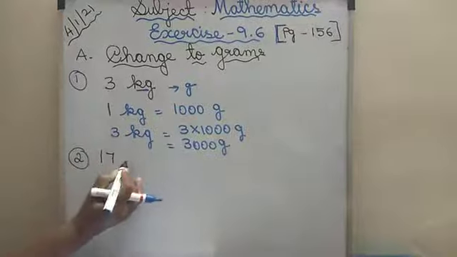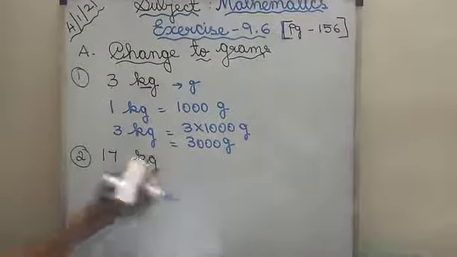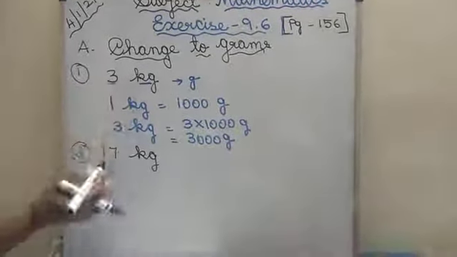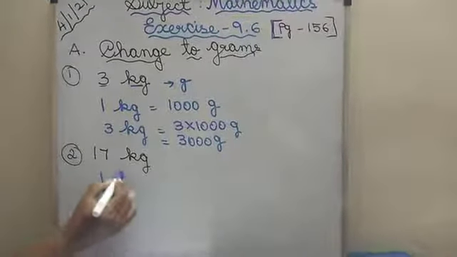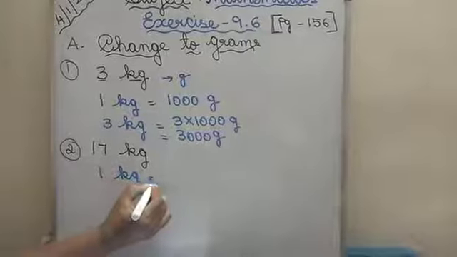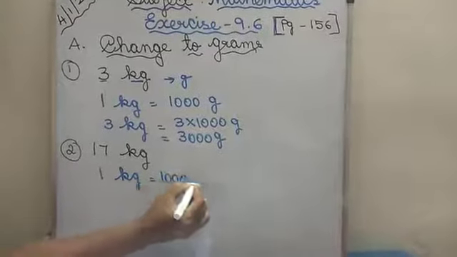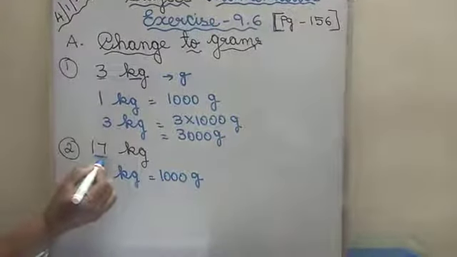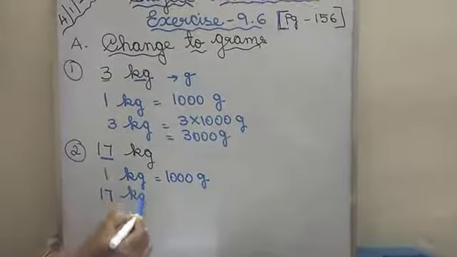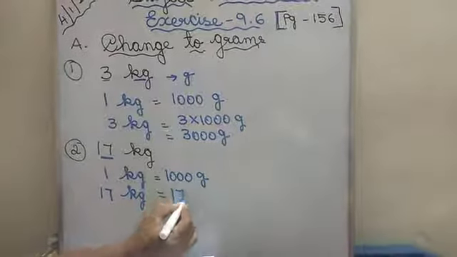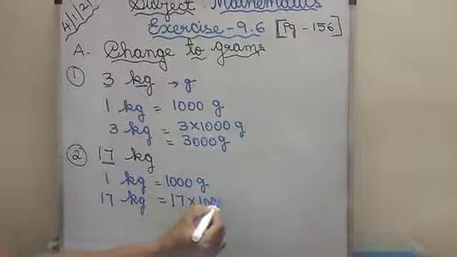17 kg. Here one digit has come, here 2 digits, isn't it children? 17 kg, the same procedure. 1 kg is equal to what children? 1 kg is equal to 1000 gram. So here what kg have they given? 17 kg. So 17 kg is equal to 17 into 1000 gram.